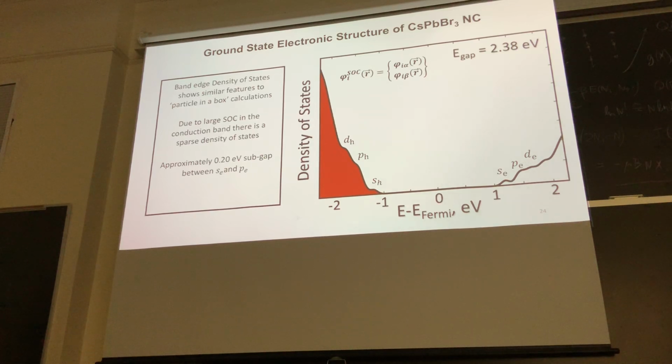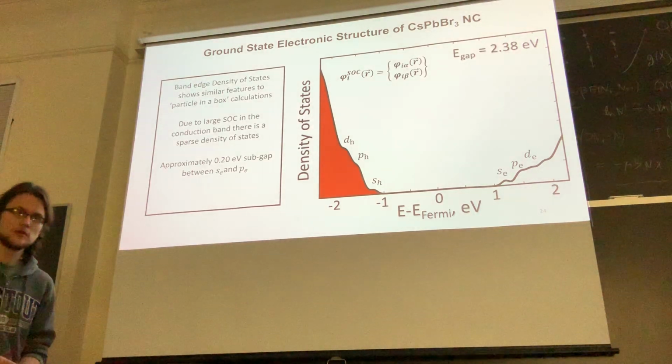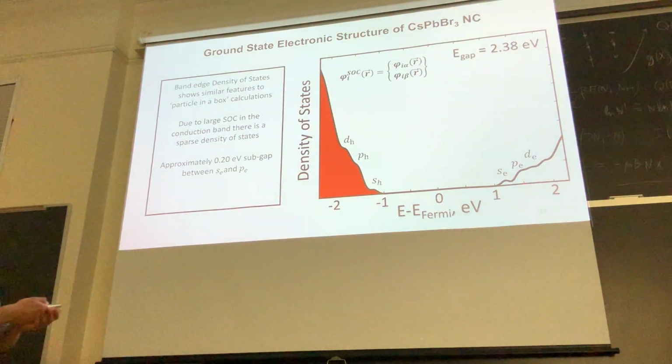For the rest of the presentation, the important thing to notice is that the conduction band has a very sparse, very low density of states near the band edge. That's due to a very strong spin-orbit coupling, because if you don't include spin-orbit, it reduces the band gap by 0.7 eV. It basically takes the density of states and spreads them out over a larger energy range, just because there's predominantly P state from the lead.